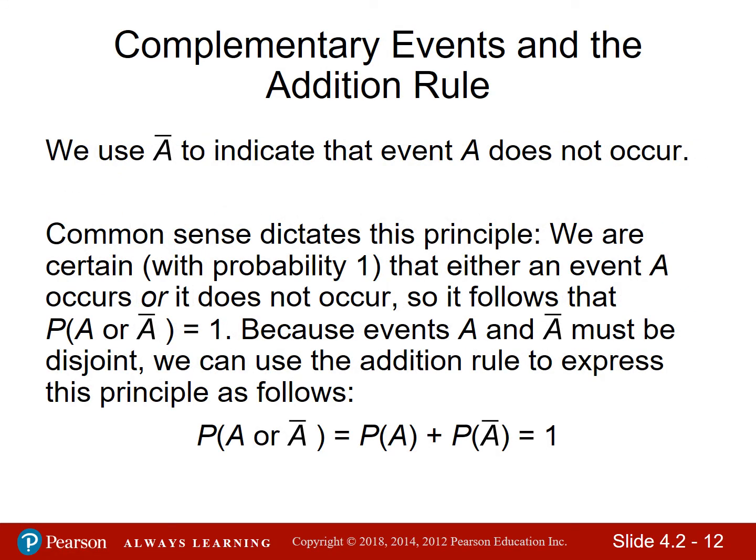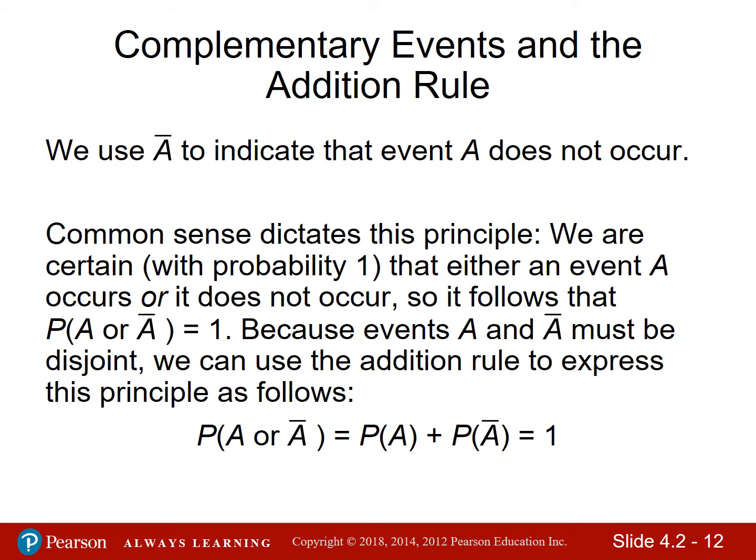We talked about the complement in the previous chapter, topic 4-1. We use a bar to indicate that event A does not occur. So that's the complement of event A, A bar. Common sense indicates the principle: we are certain, with probability 1.